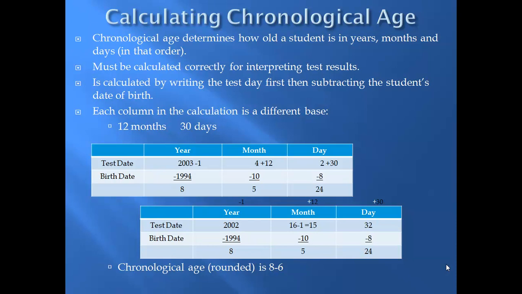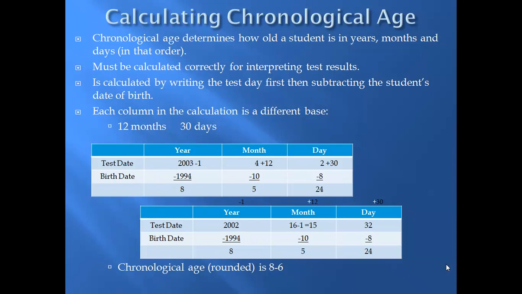Now, one of the first things you have to do in getting ready for testing this child is we need to know how old they are. Exactly how old they are. We need to know their chronological age. How old are they in years, months, and days, in that specific order.